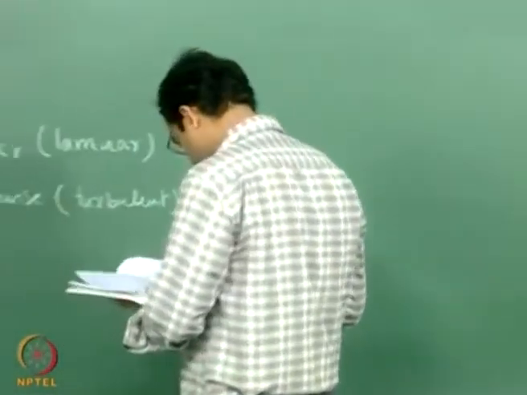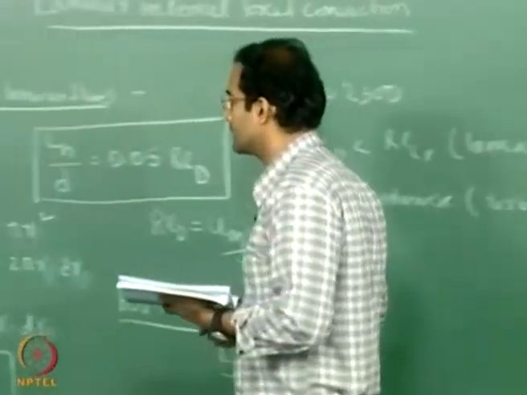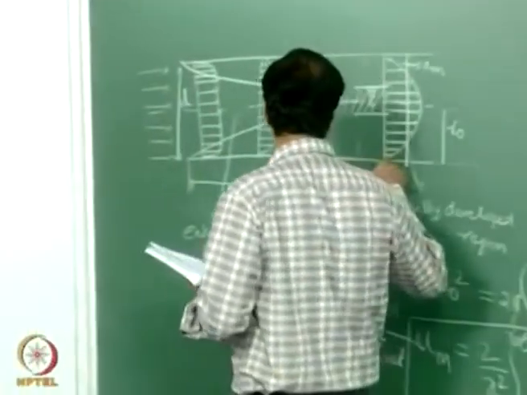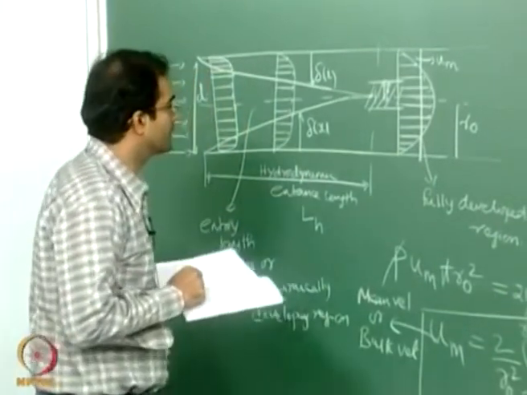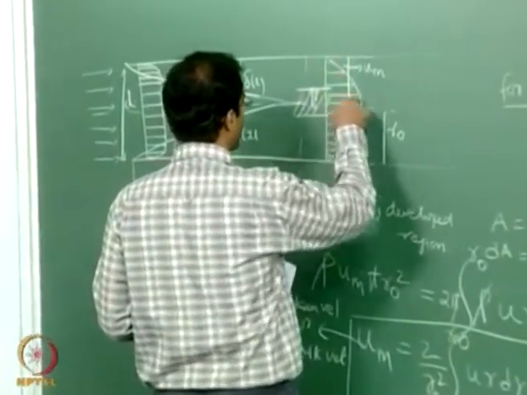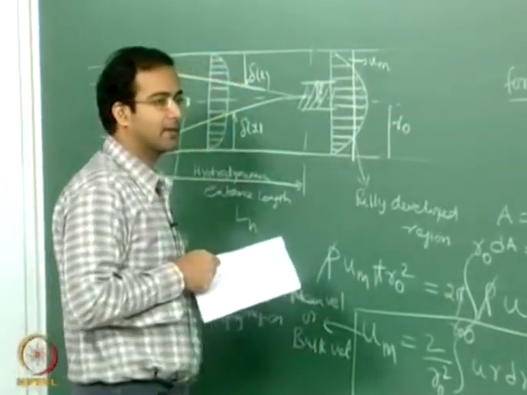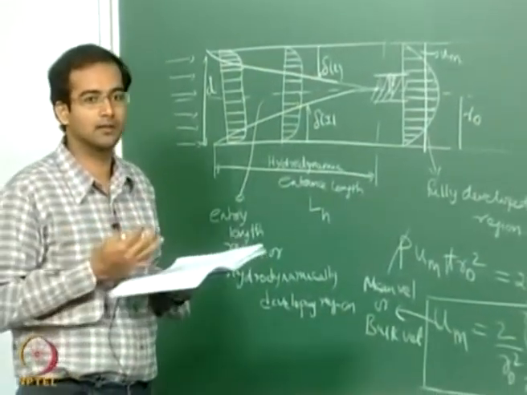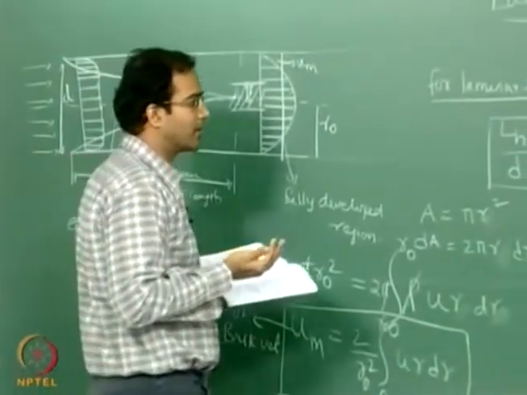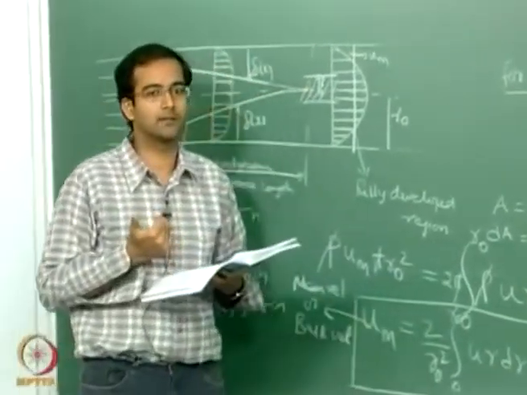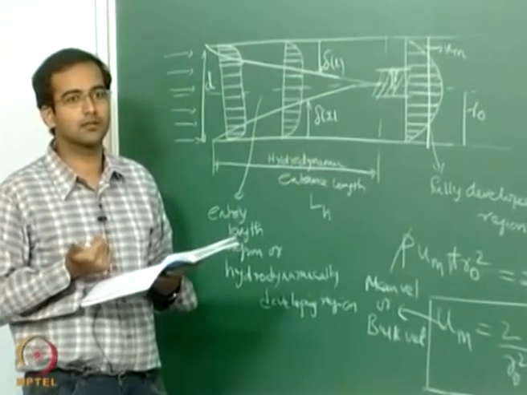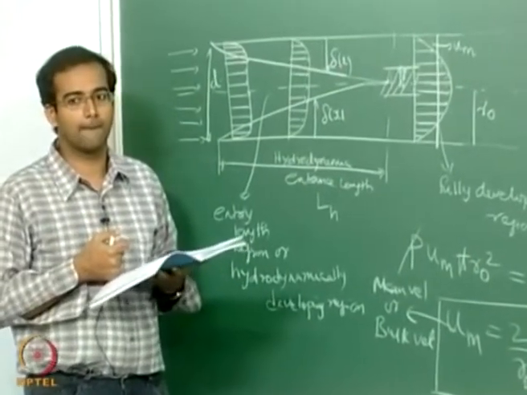Now, what is the condition that you have to apply to determine that the flow is fully developed? You can see from the shape of the velocity profile that if you plot it somewhere downstream, they are all going to look very similar. So we have to introduce a mathematical criterion.